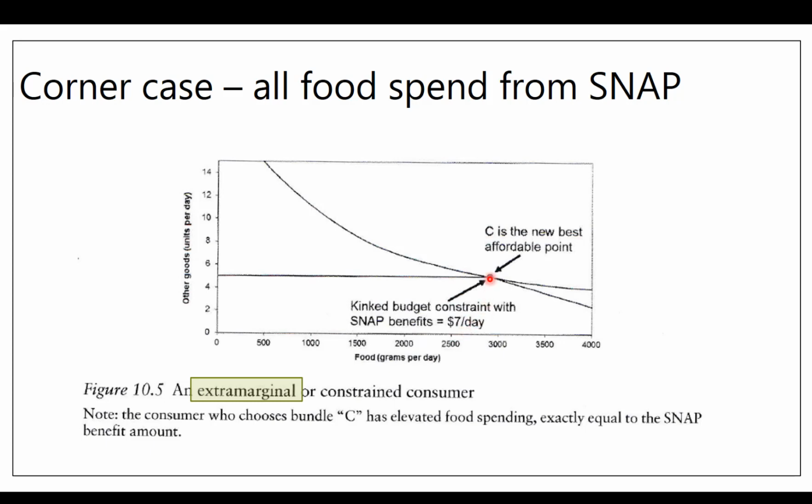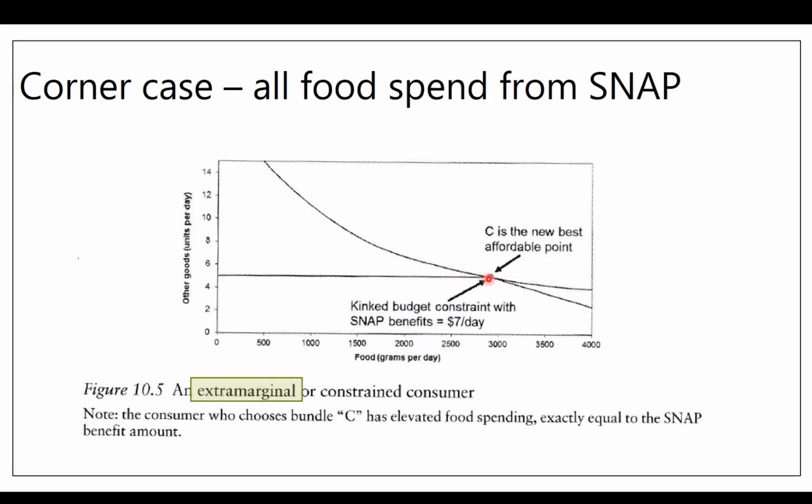Then you'll see a case like this where the household has $5 to spend on other goods, and they get this SNAP benefit of $7, and so they end up consuming way more food because the incentive is either the SNAP benefit is spent or it goes away. It has to be spent on food, so they end up consuming food out to here.